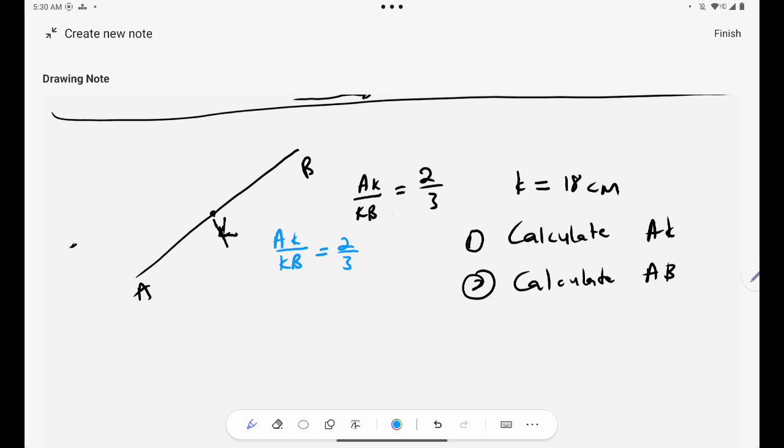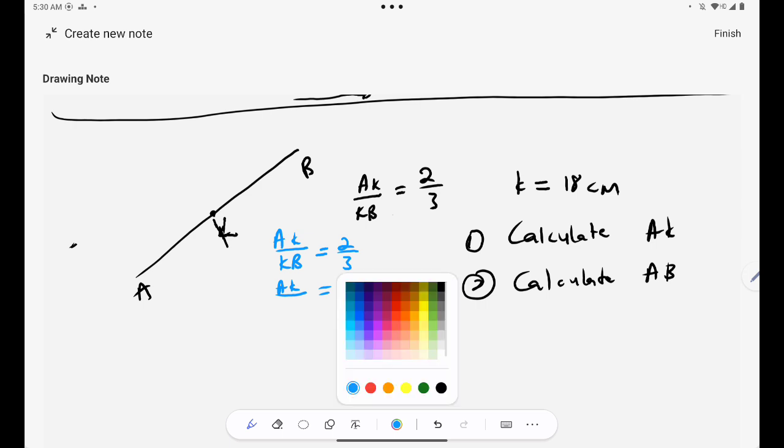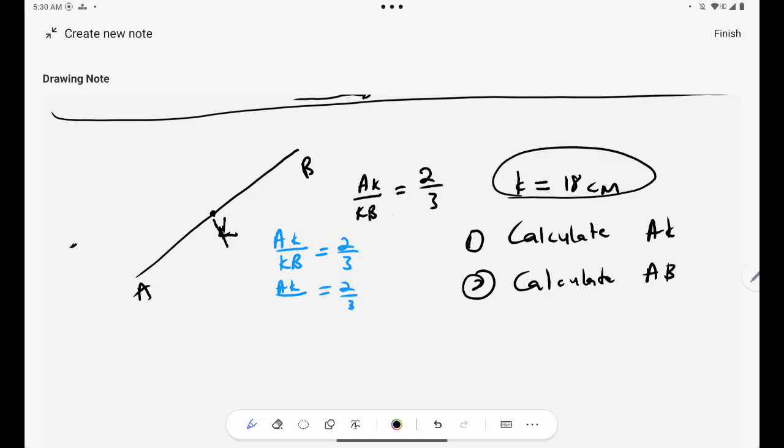I don't know the length of AK, but I know that the length of KB was given to me as 18. Are we together? So all I need to do is to find AK. I'll therefore say 3 times AK is equal to 36, then AK is 12. So I now know that the length of AK is 12 centimeters.